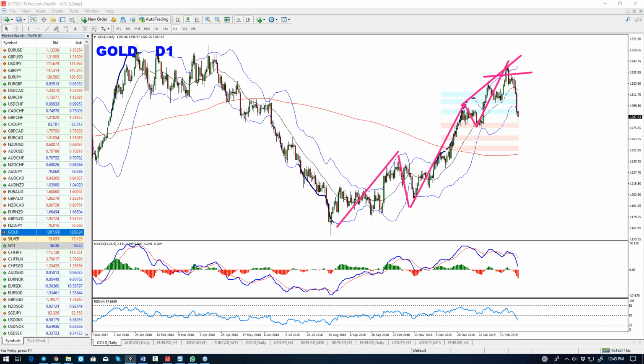Now corrective cycle. Corrective cycle could be two waves, or we could play inside some kind of a range here. How exactly would that be developed, we don't know, but sell the rallies is still the better plan.